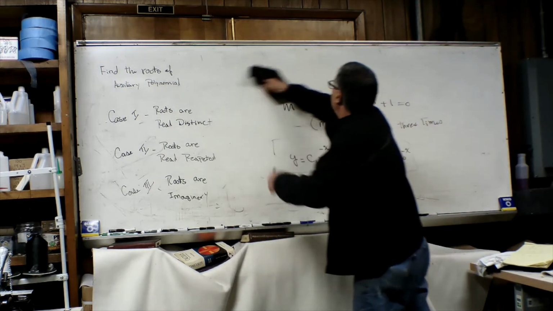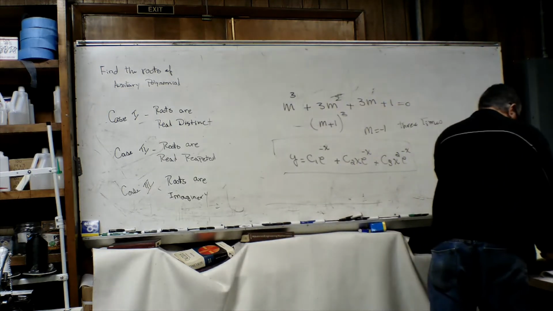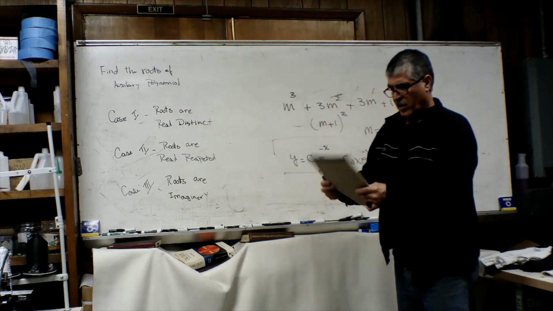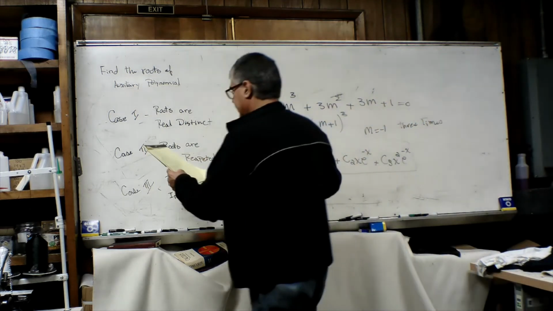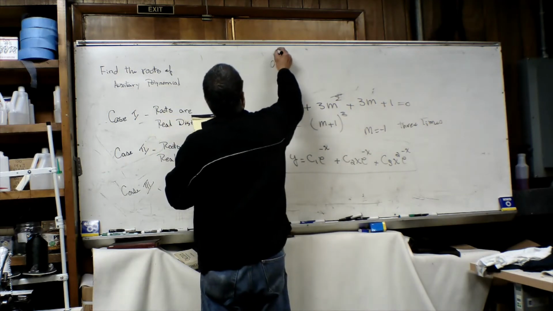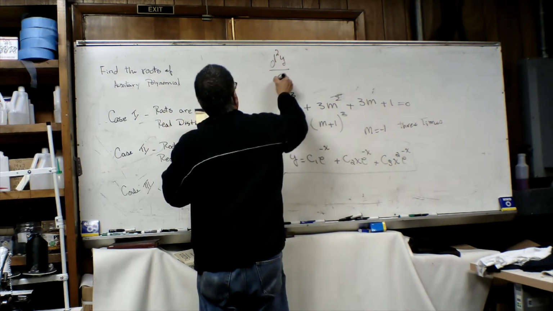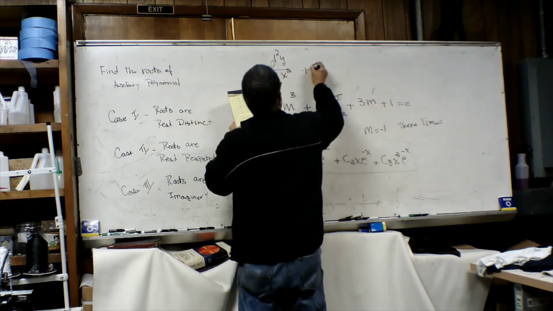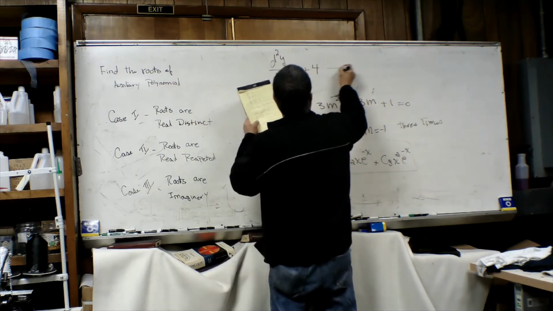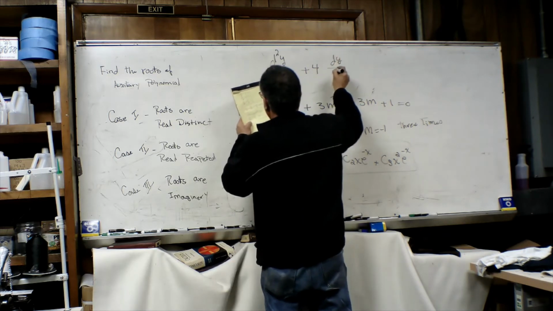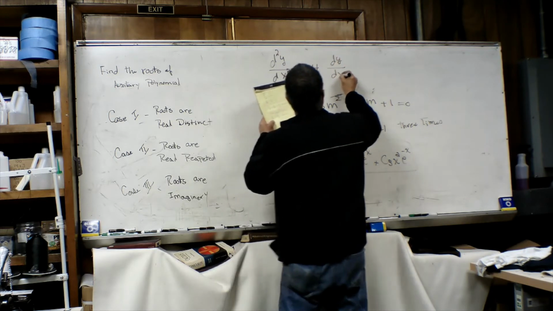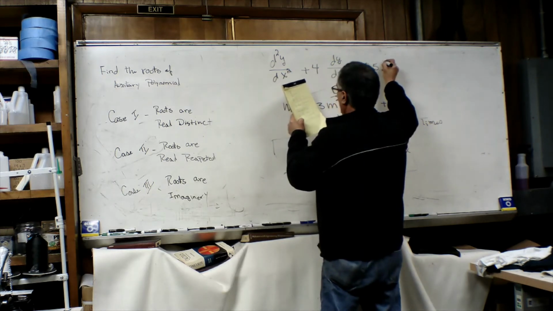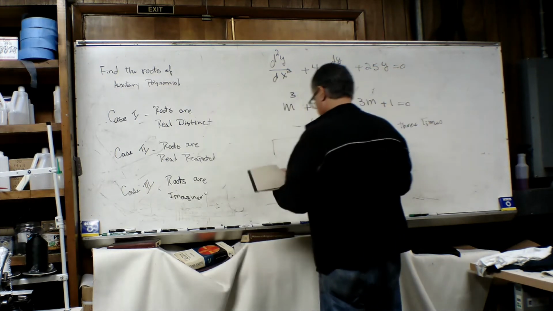So let's look at another equation. Let's look at this equation: d2y over dx squared plus 4 dy over dx plus 25y equal to 0.